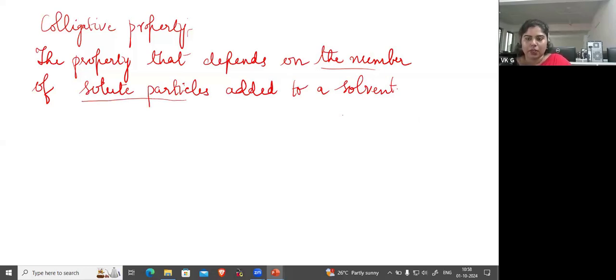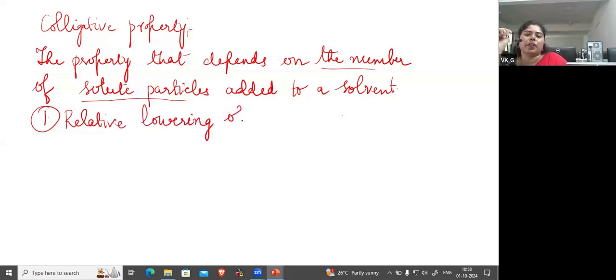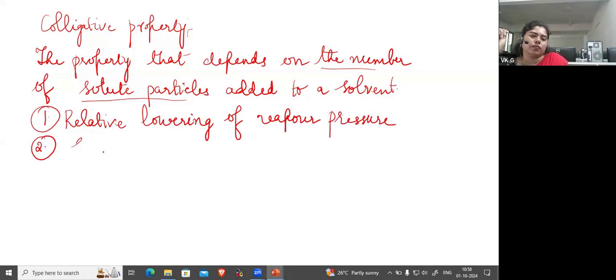So in this chapter, that is solutions, you will be covering 4 colligative properties. The first one is something called relative lowering of vapor pressure. Second one will be elevation. I will tell you what this is, nothing to worry. Elevation of boiling point, or elevation in boiling point.